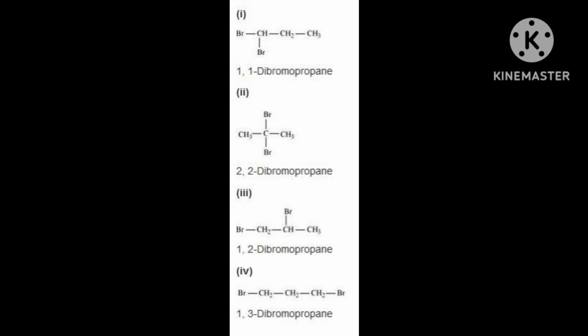From the last end, that carbon has Br, and only from that carbon a methyl group is attached. Methyl group, correct? Then in the second end, carbon bromine is attached, one H is there, and only from that carbon CH3 is attached. Correct?